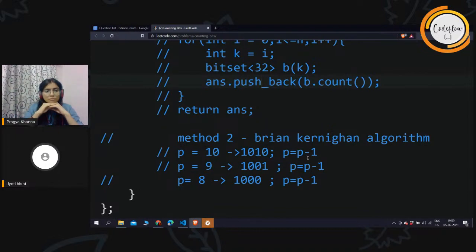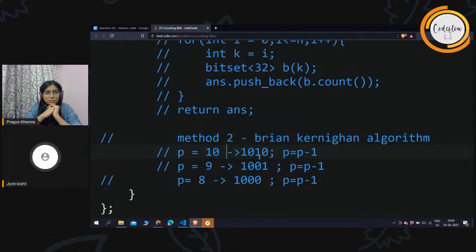Whenever I have a number p and I decrease p by 1, all the elements after the rightmost set bit get reversed. The rightmost set bit, and every bit after that, gets reversed.